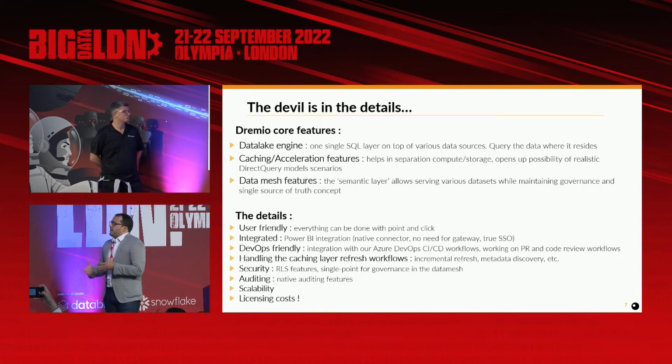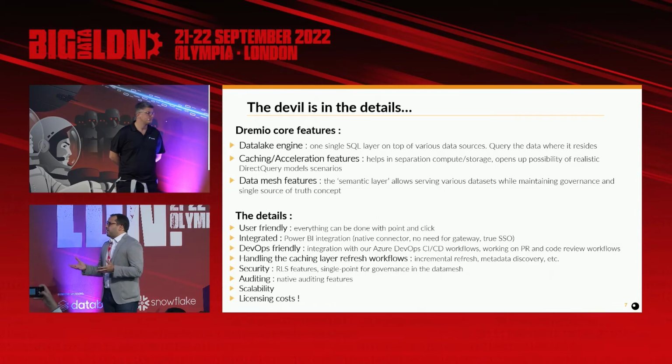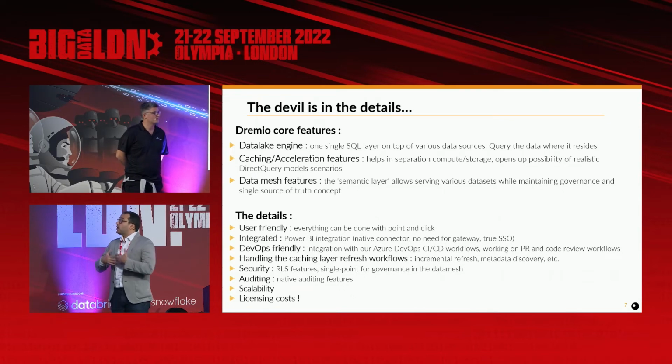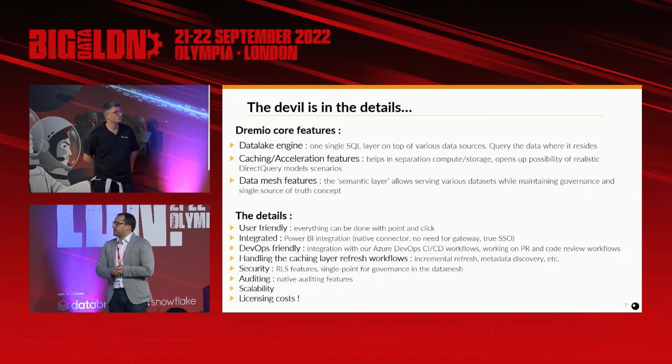So if my data sources are in Parquet files, for example, in the data lake, Dremio actually monitors the data lake. It detects when you have new Parquet files dropped in the folder, and then it will automatically trigger incremental refresh of the reflections.